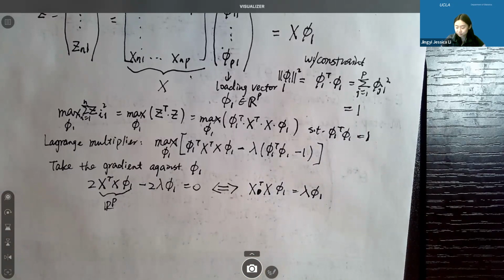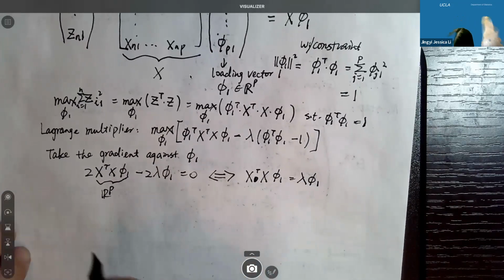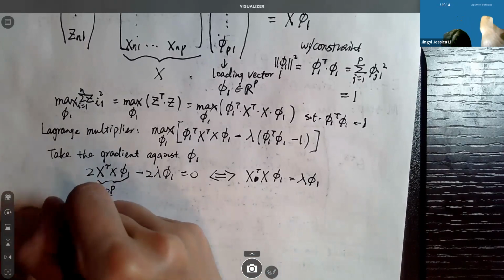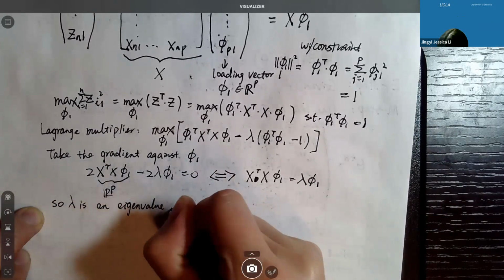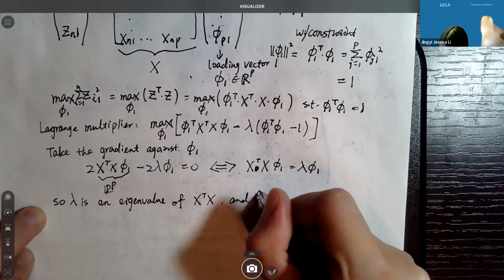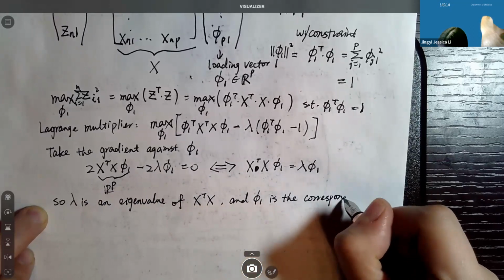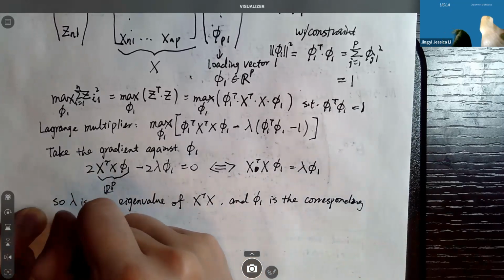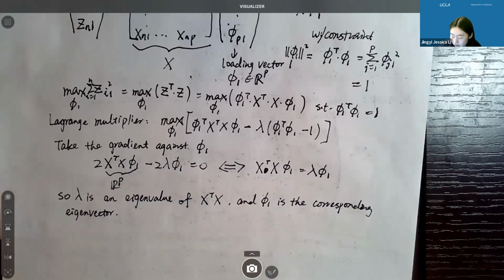So lambda is an eigenvalue of X transpose X, and phi 1 is the corresponding eigenvector. But if this matrix has rank greater than 1, it may have more than one eigenvalue, right? Which one would we pick?